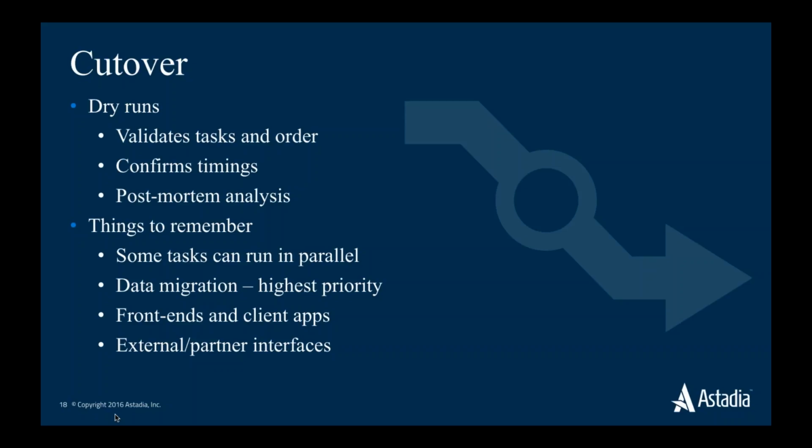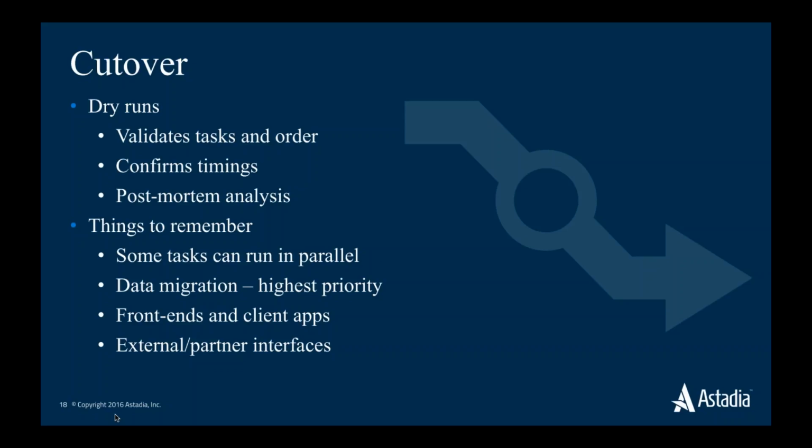And in fact, for the data migration, we did extra dry runs just for the data, because the data really was the most important aspect of this. We did, I don't know, like 3 or 4 dry runs on just the data itself.